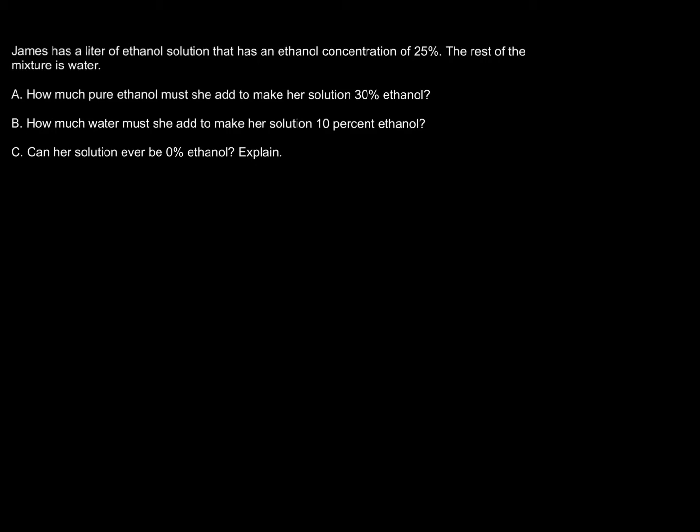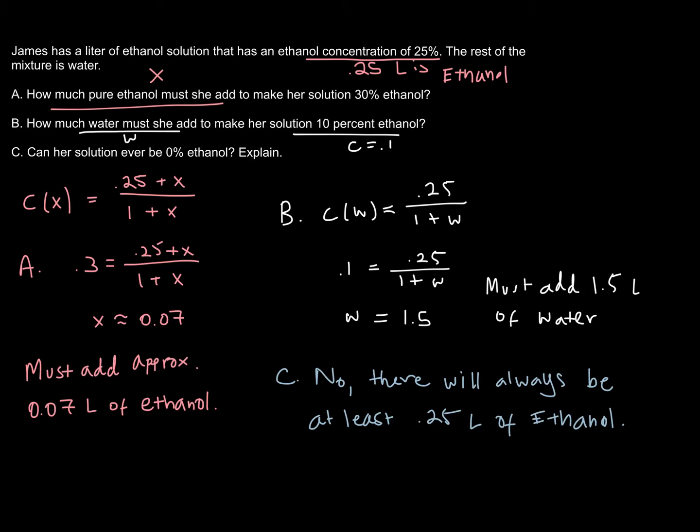All right, so again, nothing too complicated here. We just have to be careful when they tell us the percentage of concentration at the beginning. So we're told that it's a 25% concentration of ethanol, and the total amount is 1 liter, 1 single liter.